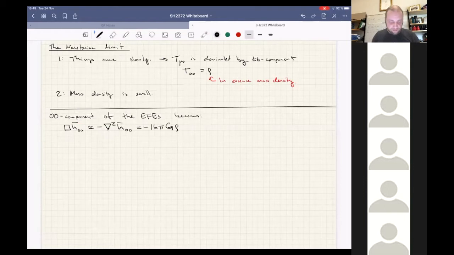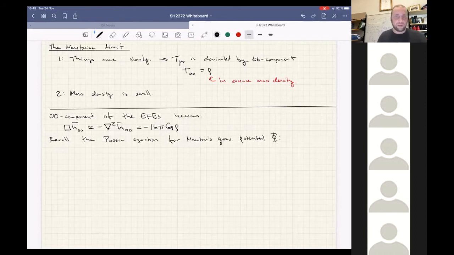Now this looks kind of familiar, right? Recall the Poisson equation for the Newtonian gravitational potential, phi. That is given by Laplace phi equals 4 pi G rho.